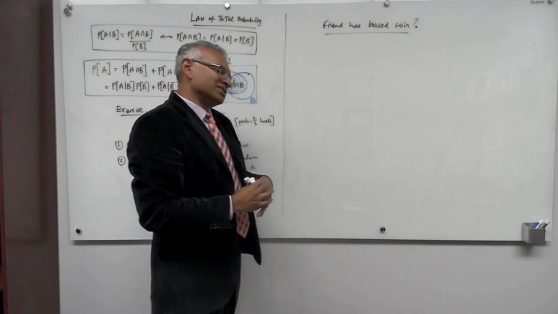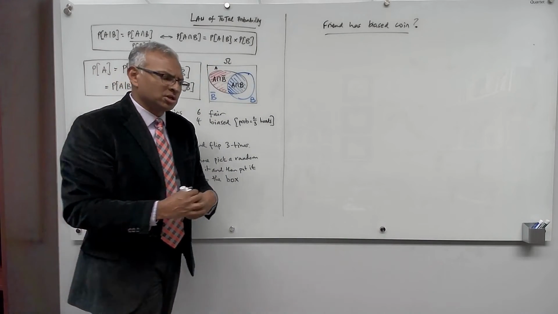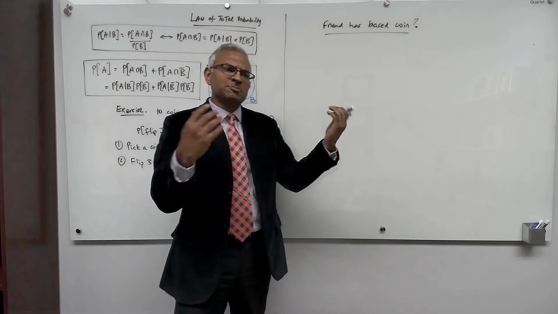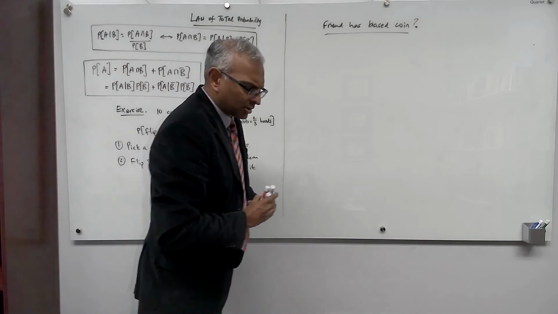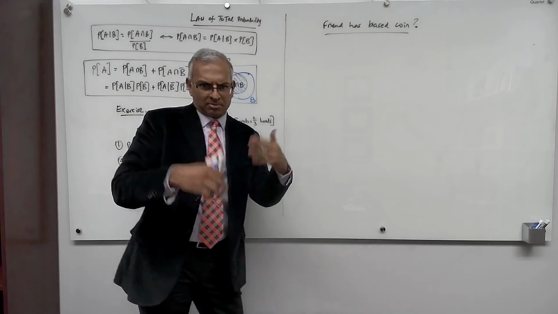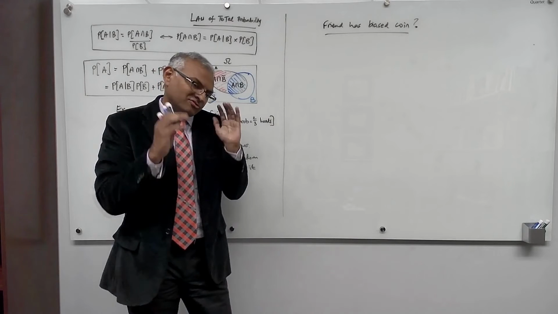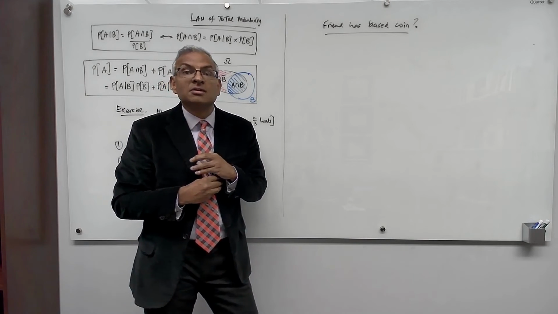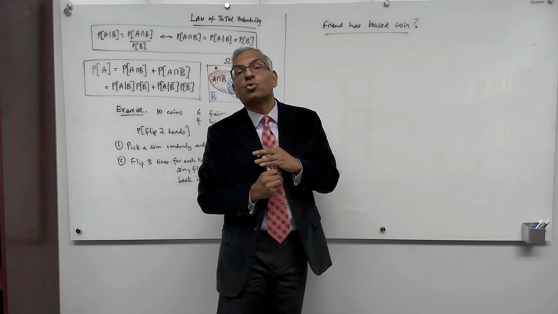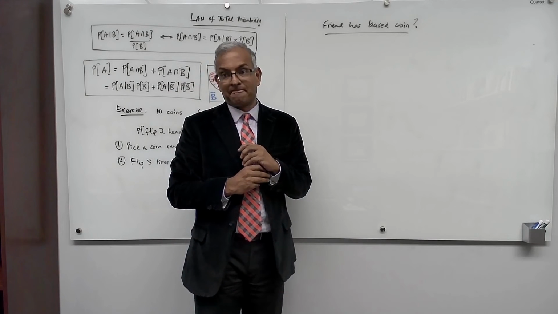So instead of putting your friend on the spot, you propose, okay, let's play heads I win, tails you win, and we'll use your coin, which I'm going to sort of trust is fair, but I'm going to somehow manage to ensure that it is fair.